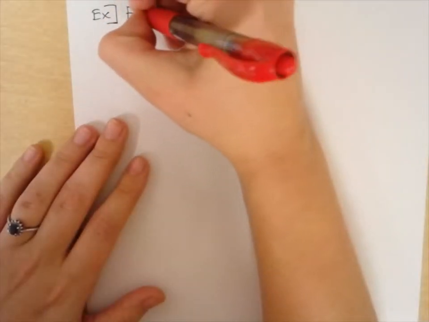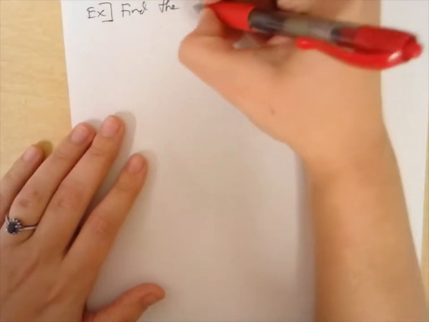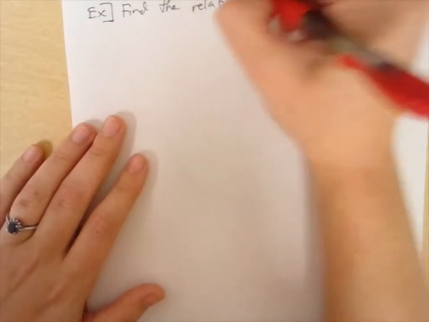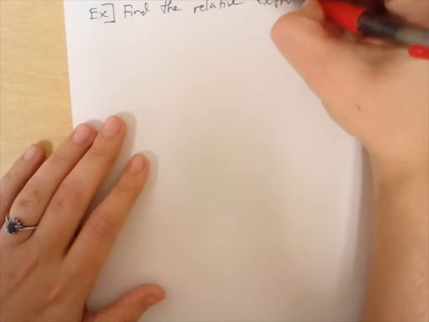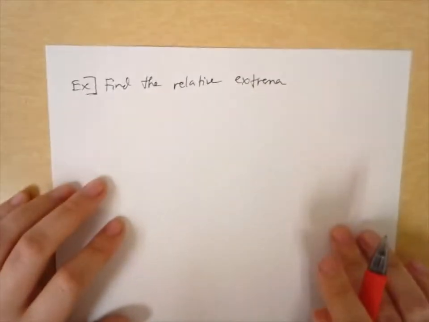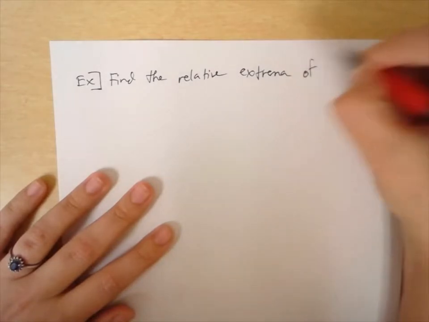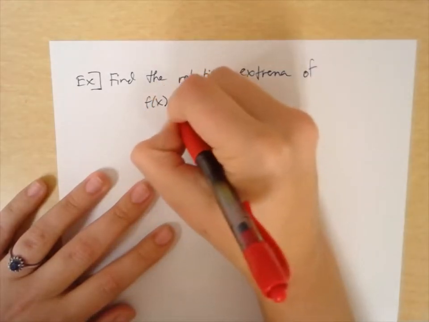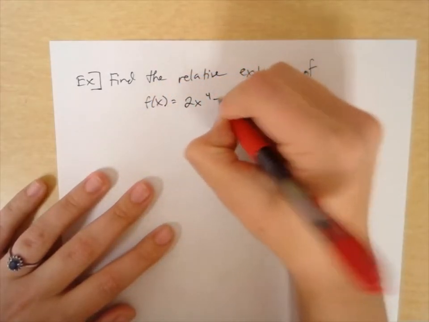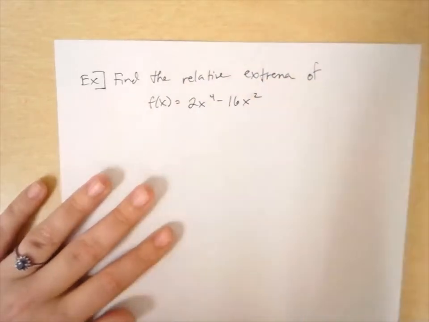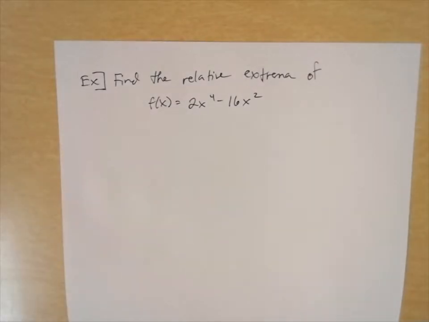Let's answer the question of find the relative extrema. Oh my goodness, you can't see that. There we go. Find the relative extrema of f of x equals 2x to the 4th minus 16x squared. All right, let's get used to the process here.